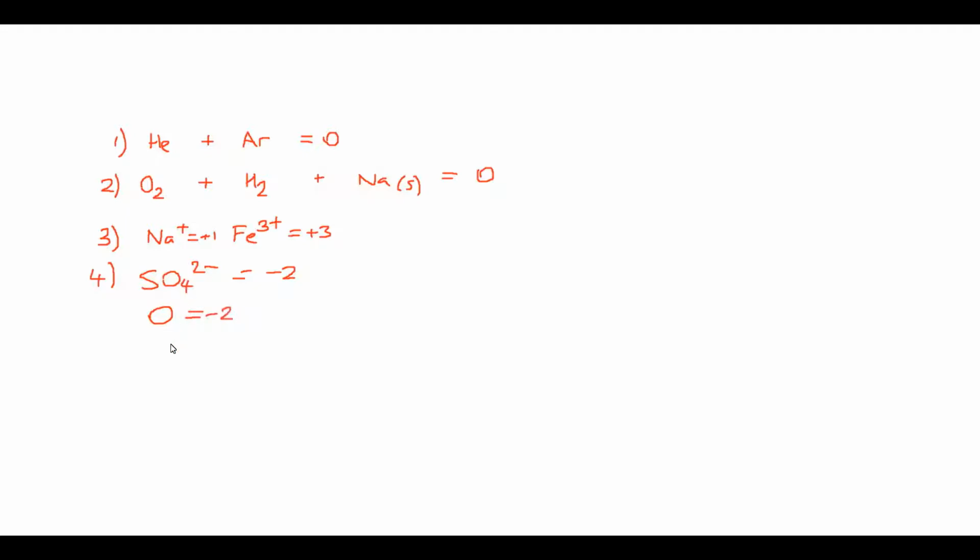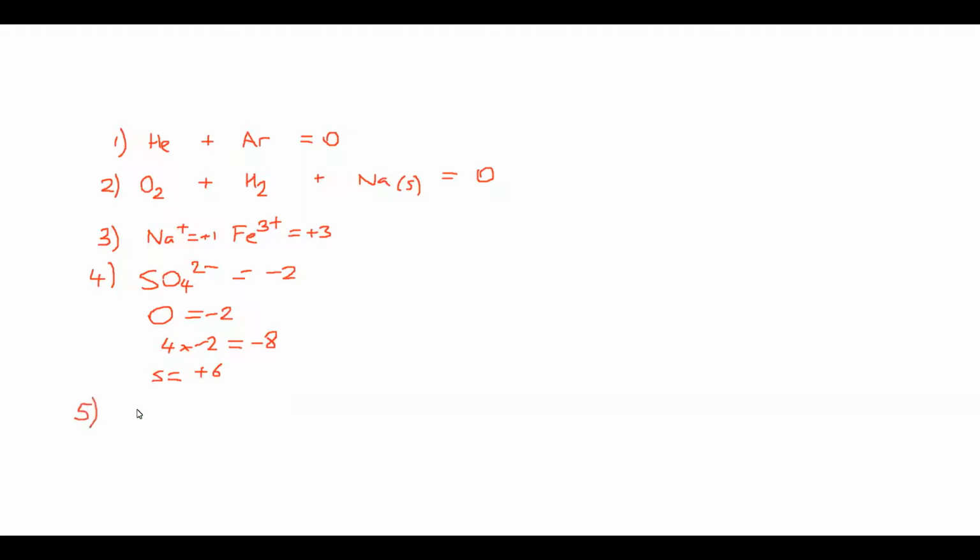Now we have 4 oxygens, so we know that 4 times -2 will give us an overall oxidation contribution of -8. Now the sulfur has to balance this out to get to -2. So sulfur will have an oxidation state of +6, as +6 minus 8 gives us -2 overall.